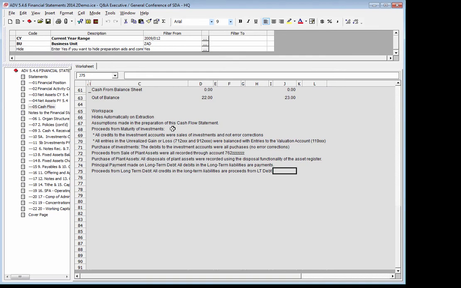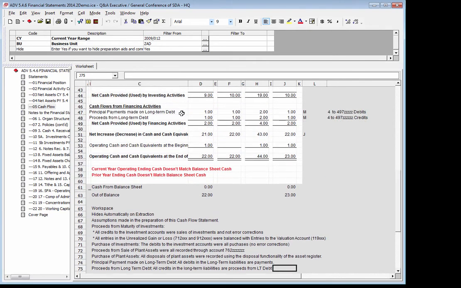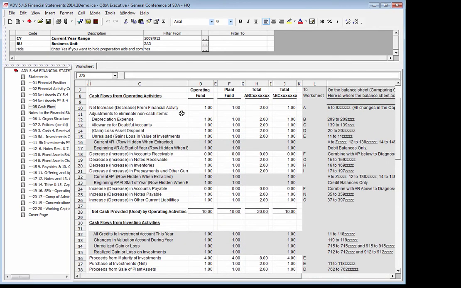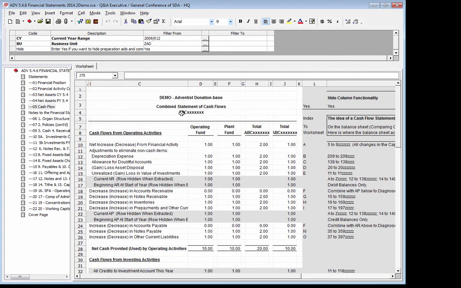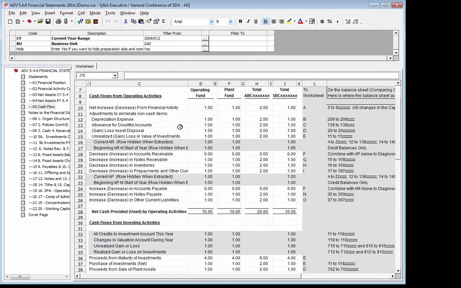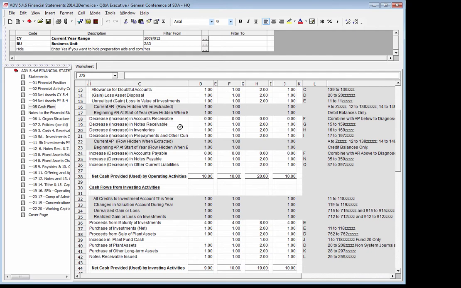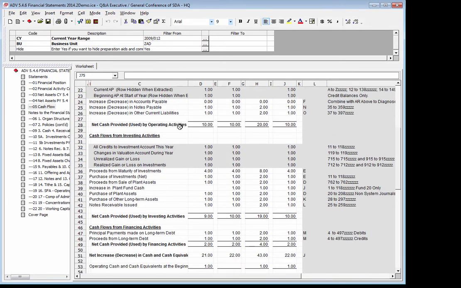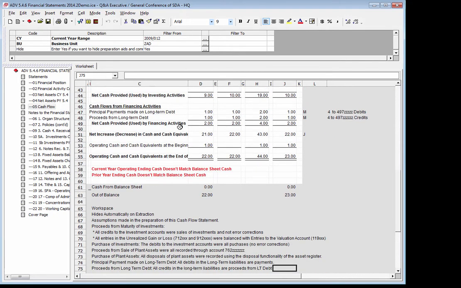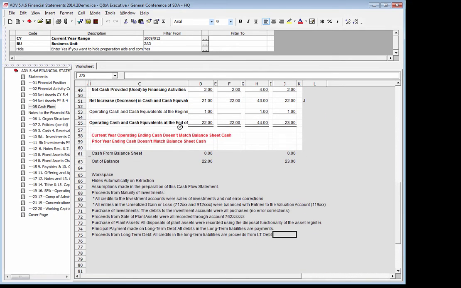Okay, so we have the cash flow statement here, and I guess the point of the entire video, and the previous explanation I've given so far may have confused things, is that in order to have an automatic cash flow statement, we have to have some assumptions about what is going on in the accounts.